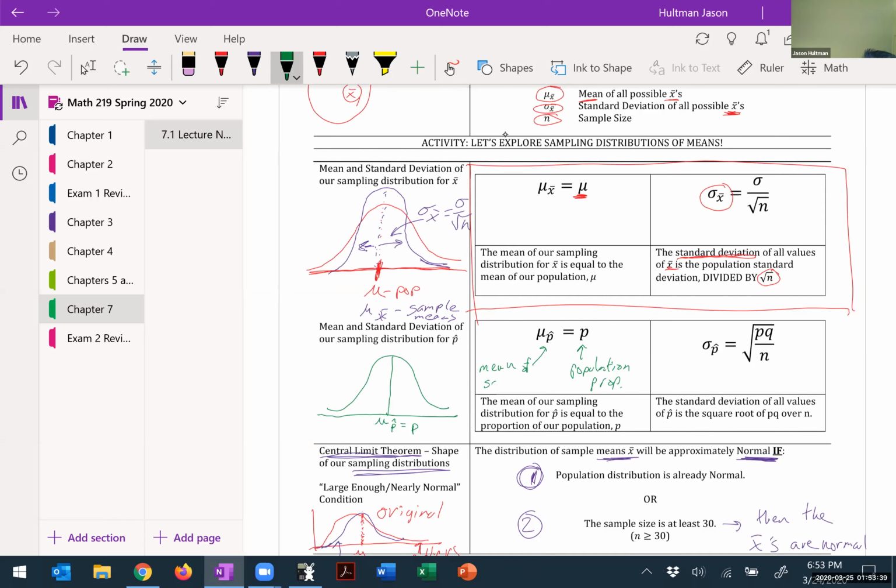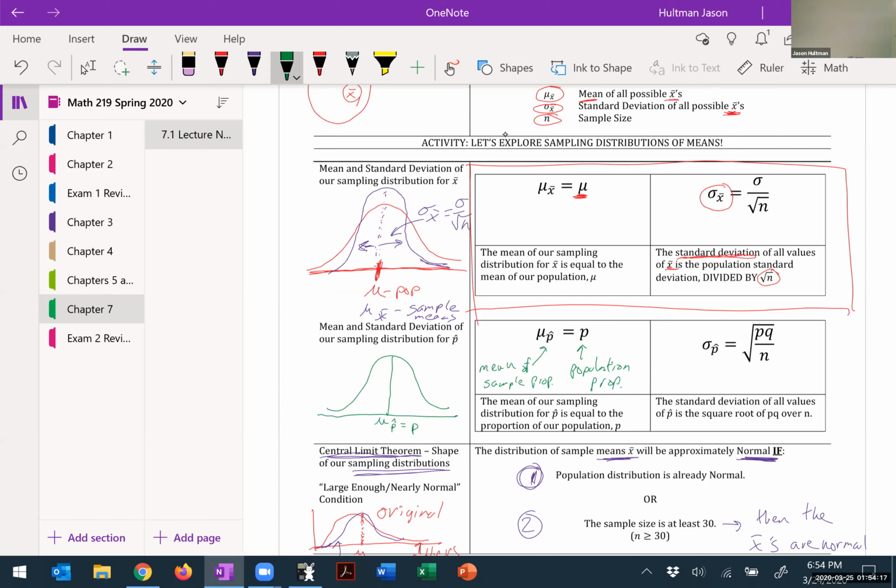So the mean of the sample proportion, the average of the sample proportion, is equal to the population proportion. Very similar to the means, right? But a proportion is a number between 0 and 1, so just keep that in mind. Whereas the other one is just a number, usually positive. But this is a ratio of two values.